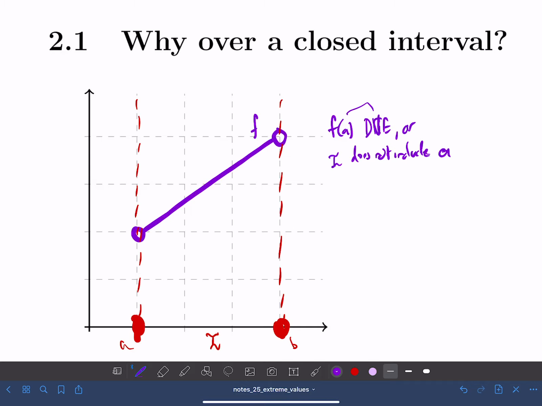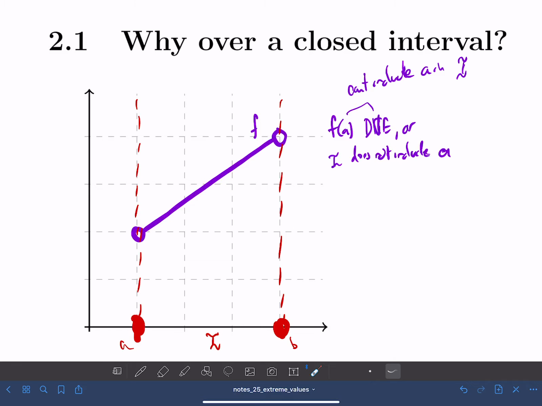In this case right here, we literally can't include A in the interval I because the function's not defined there. In this other case, we're just leaving it out. So I'm saying, why can't we leave it out? Why are these both forbidden?